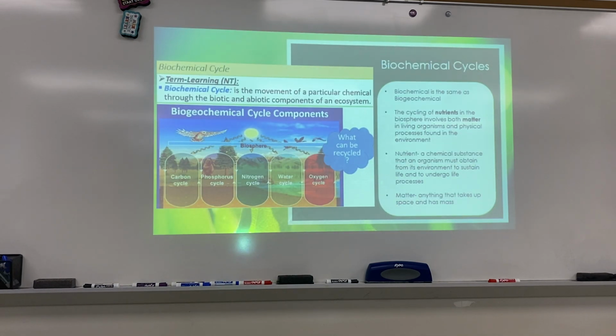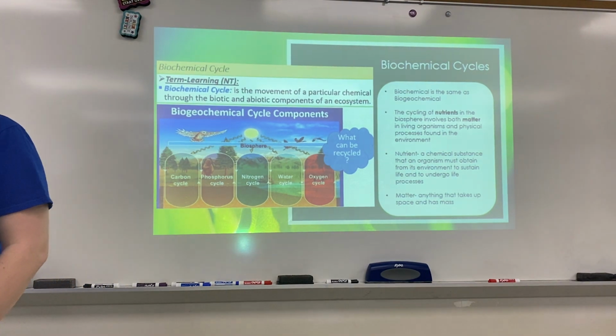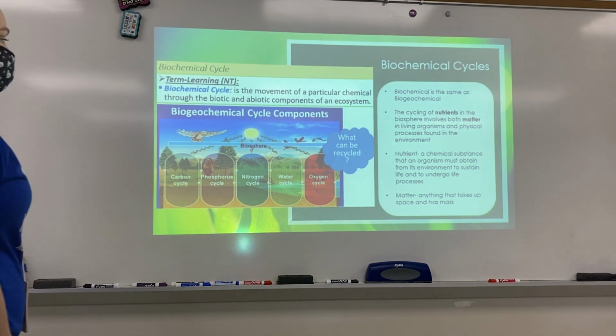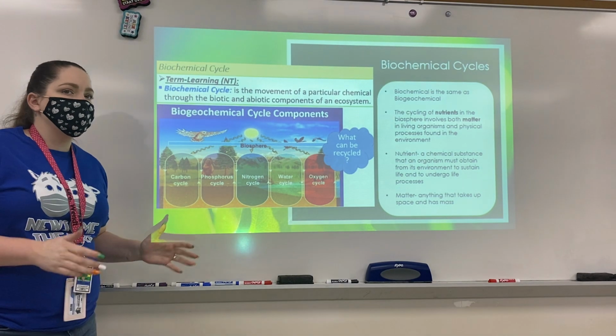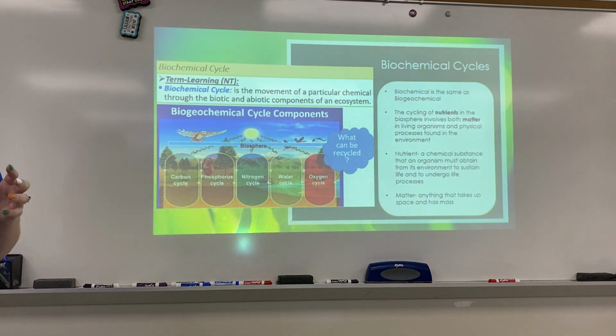Okay, so the second part to this unit are our biogeochemical cycles, also known as just biochemical cycles. Biochemical cycles are going to look at the living part and the non-living part of nutrients that are going to be cycled through the environment.